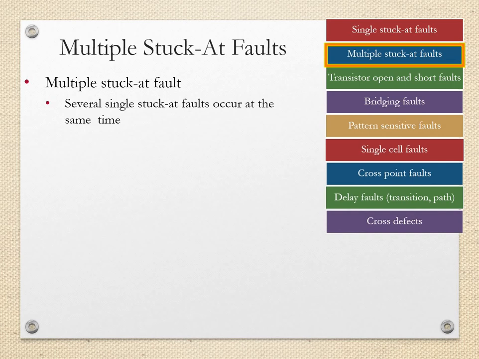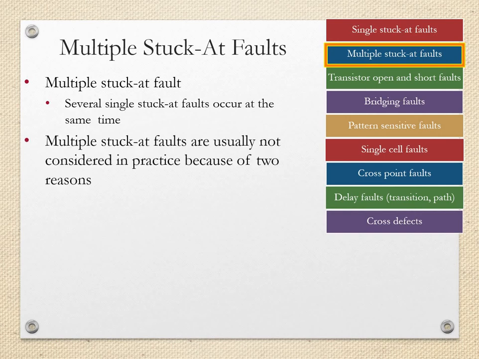In the previous circuit, those red dots indicate the fault sites, and as per the fault model, we considered that out of those 12 sites, only one site will have a problem at a time, and that's why it was called single stuck-at fault. Now in the second type of fault modeling, we consider there are multiple sites at which the fault may be present at a time.